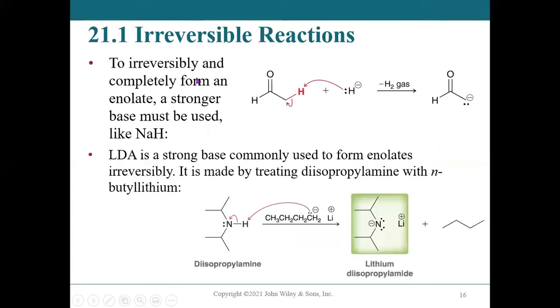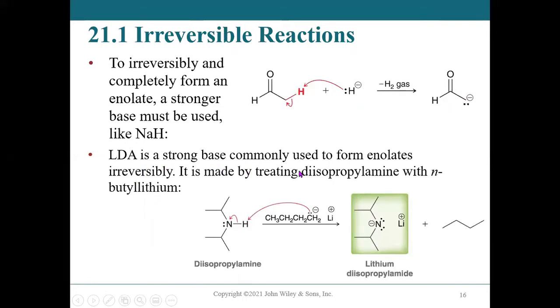To irreversibly and completely form an enolate, a stronger base must be used, like NaH, sodium hydride, or LDA. Let's first take a look at the hydride. Hydride is the H negative ion, and it just abstracts the H from the alpha carbon, producing hydrogen gas and the enolate.